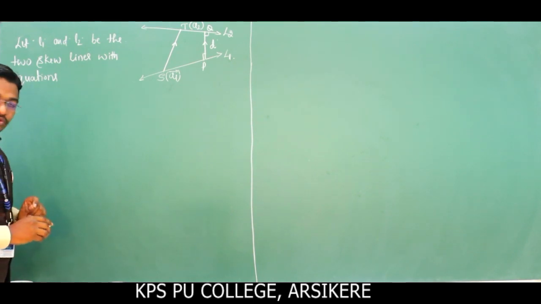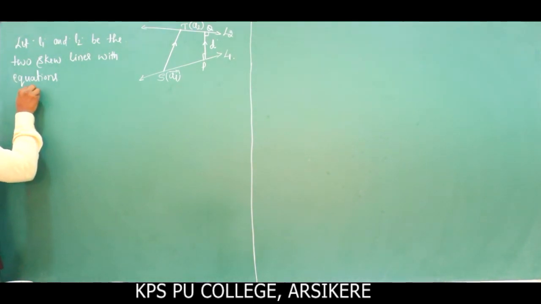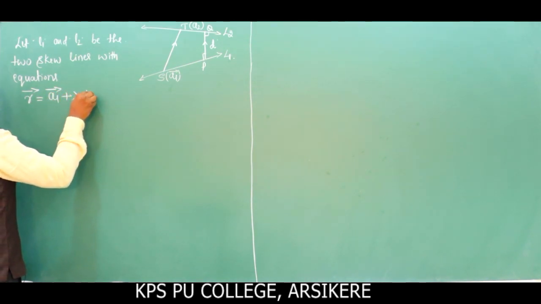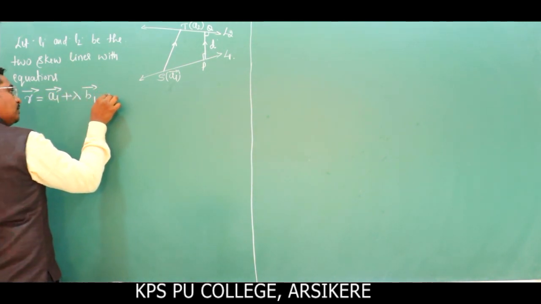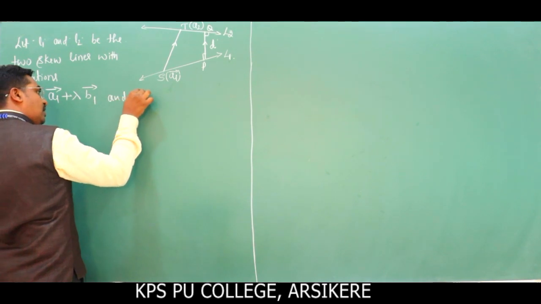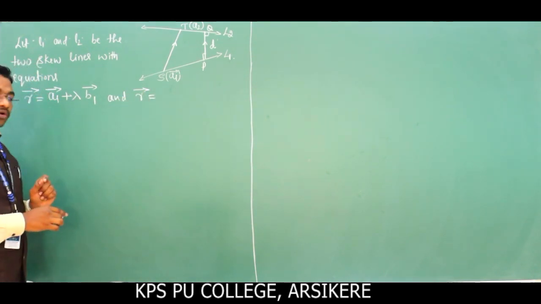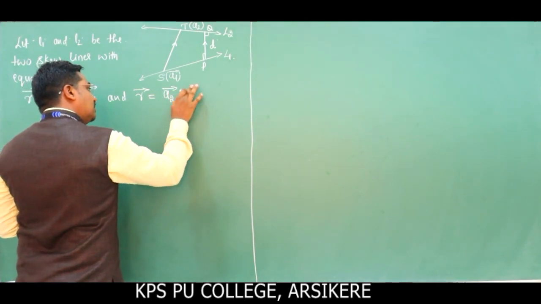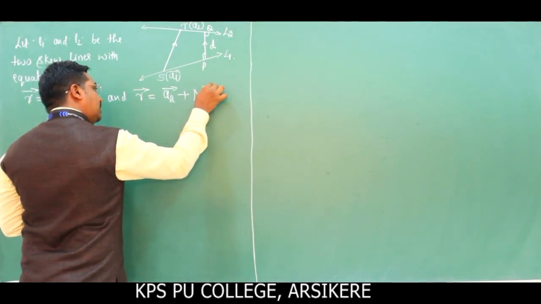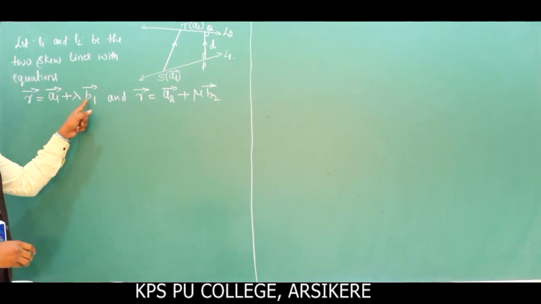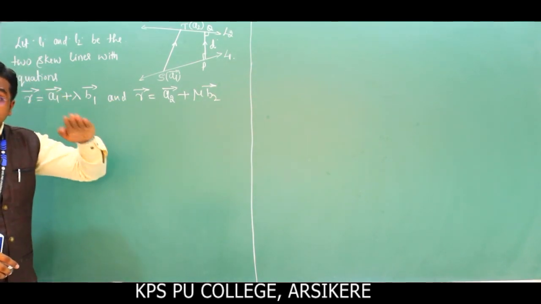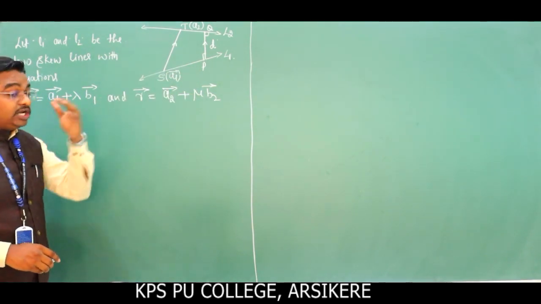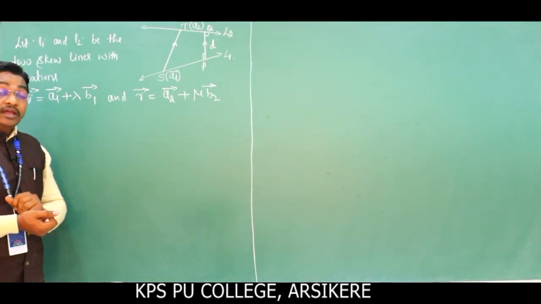The first equation is vector r equals vector A1 plus lambda times vector B1, and the other equation is vector r equals vector A2 plus mu times vector B2. So what are vector B1 and B2? Vector B1 is the vector parallel to the line L1 and B2 is the vector parallel to line L2.